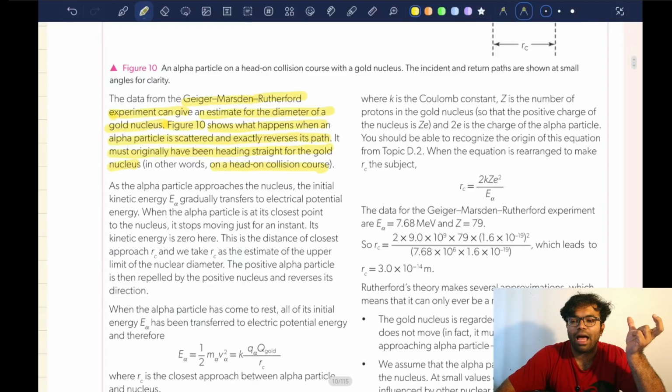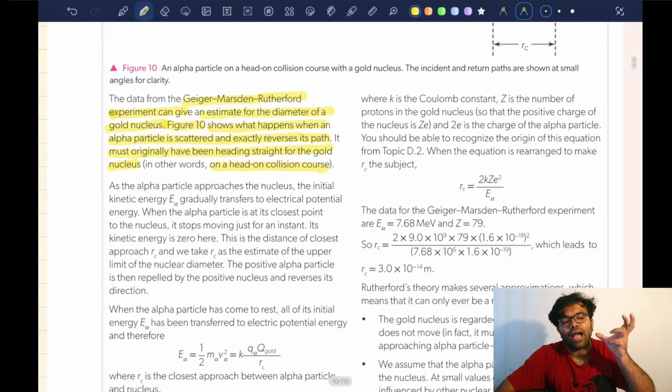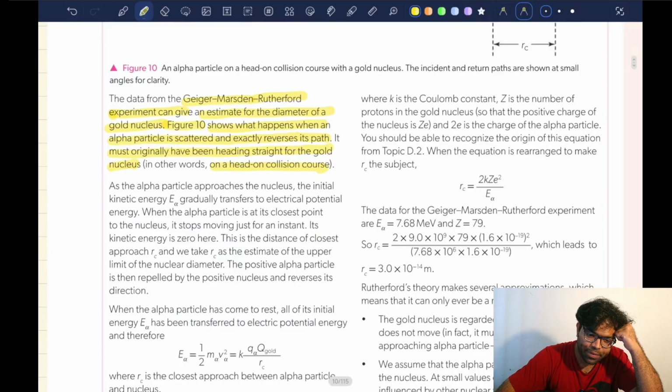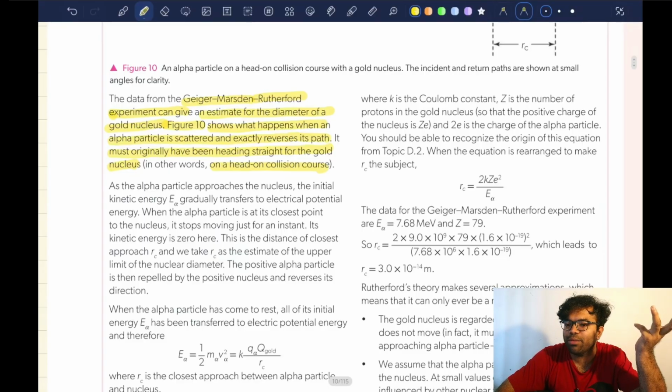Similarly, what is happening here? The kinetic energy of the alpha particle is converted into electrostatic potential energy. Because all the kinetic energy is being converted into electrostatic potential energy, the alpha particle does not have any more kinetic energy left, therefore it stops.